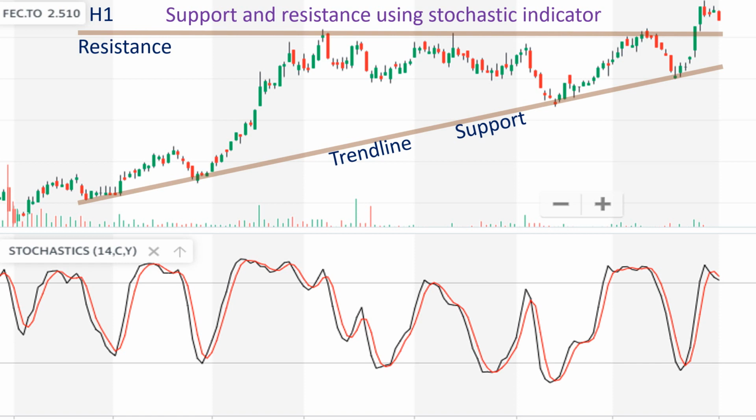Now the two, resistance and support, are considered an ascending triangle. I also installed a stochastic indicator with 14 days period, and I am connecting all the points where the price hit the ascending triangle to the stochastic indicator.